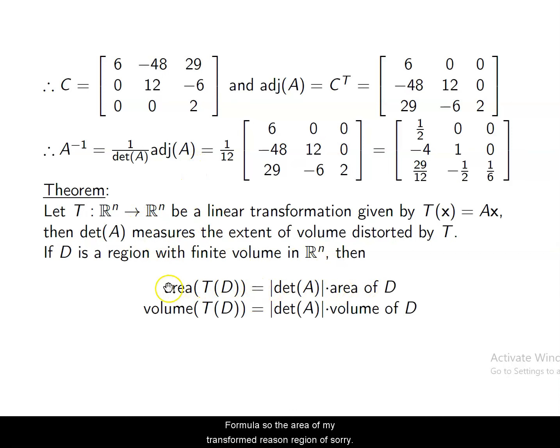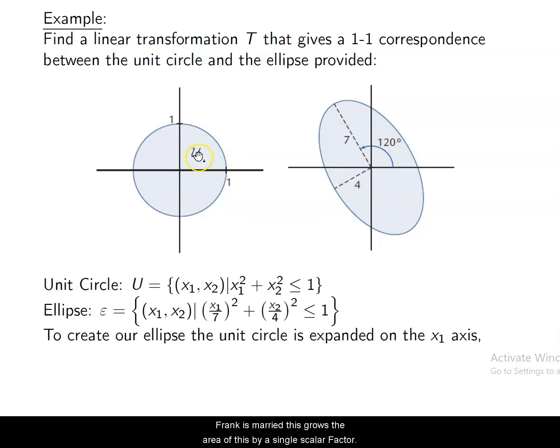So the area of my transformed region is the absolute value of the determinant of A, okay, because you can't have a negative area, that doesn't make sense, or a negative volume. So I'm going to find the determinant of my transformation matrix, and I'm going to multiply it times my original area of that unit circle in this case, okay? Right, because remember, this grows the area of this by a single scalar factor.